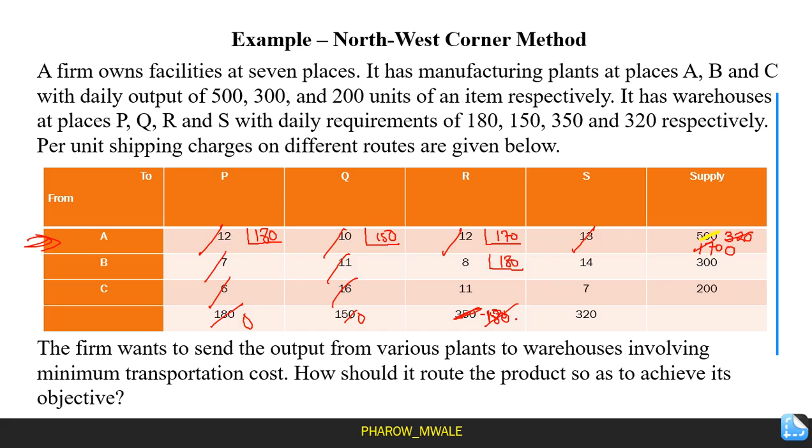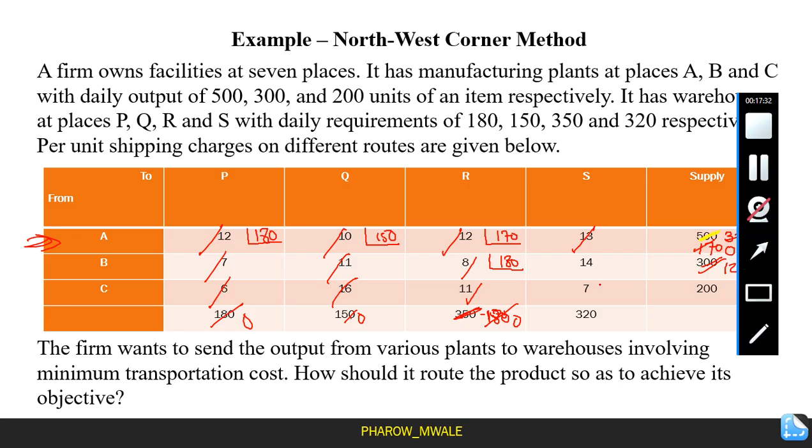So here, this has been fulfilled. Then we cancel like that, 0. Then we cancel everything on top, and then we have 300 minus 180, which gives us 120. So here we remain with 120.